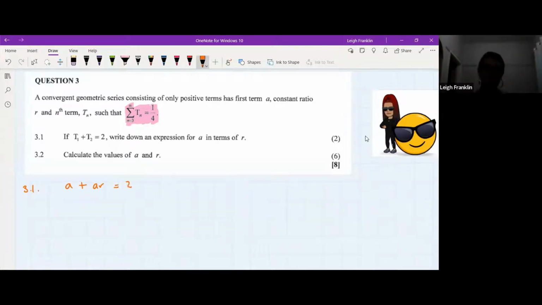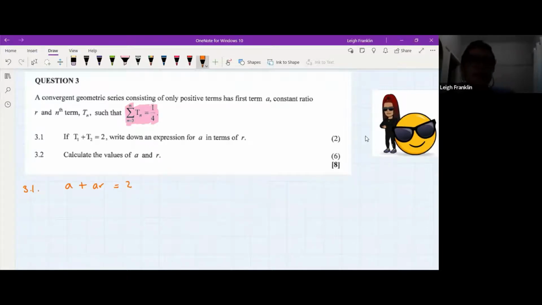And Tabila, when they said to you, write down an expression for A in terms of R, do you think that they would be happy if we left it like that? Why is there a second mark? You need to write the answer in terms of R. So what do we need to still do here? I think you should bring the AR to the right hand side. Okay, but if I move it over to the other side, is that going to help me to write A in terms of R?